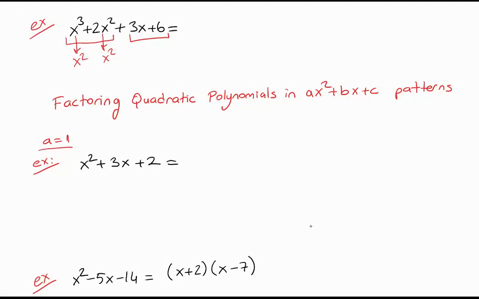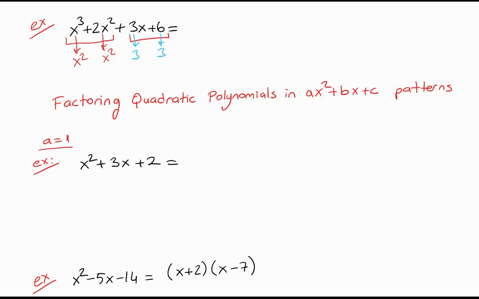And here, since we don't have any x with 6, we are looking for just numbers. For the numbers, let me use another color, because I'm doing different things here. So this is the greatest common factor for numbers.